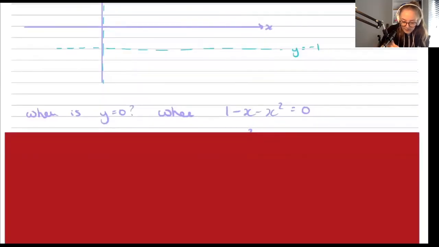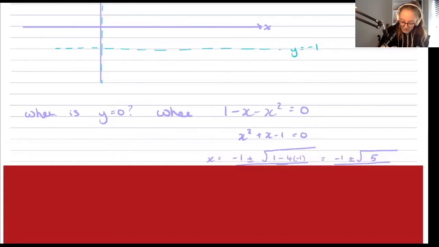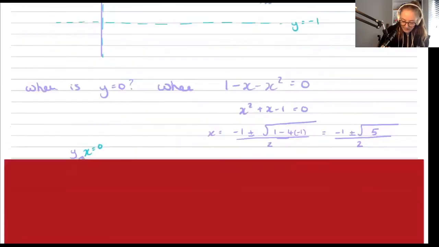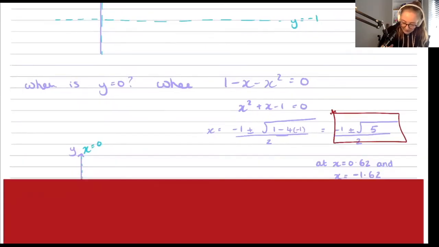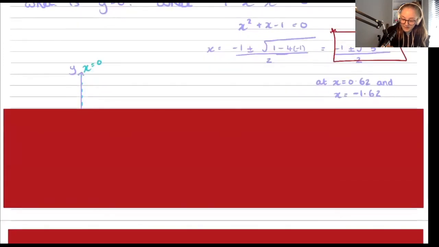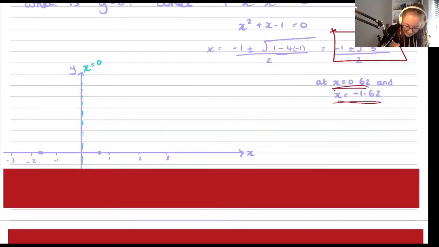So we want to say when 1 minus x squared is 0, y is 0. So we're going to want to factorize that. And then you get your values to come out to this funky little thing here, which I used a calculator for. It occurred at x is 0.62 and x is -1.62. So I've plotted those on the graph here.